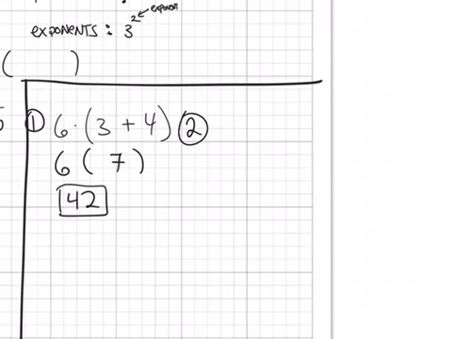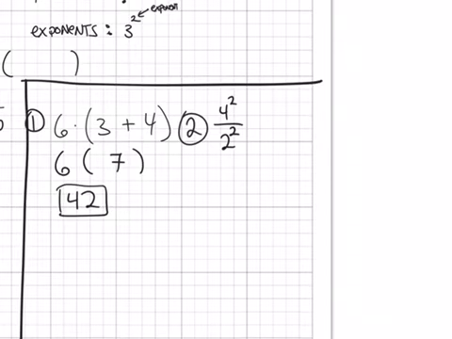Example number 2. We'll go ahead and look at a problem with some exponents, okay? And we're going to do 4 to the power 2 divided by 2 to the power 2, okay? So you may want to do the division first, 4 divided by 2 first, but we're actually going to do the exponents first.